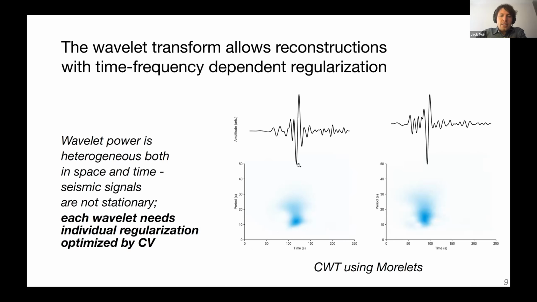And so when we are trying to determine how best to perform some kind of spatial interpolation, we need to balance the strength of the regularization of that interpolation conditioned on each individual power in this representation. And so by splitting it up into this time frequency method, we can optimize the curvelet representation that I'll talk about next at each time and period.